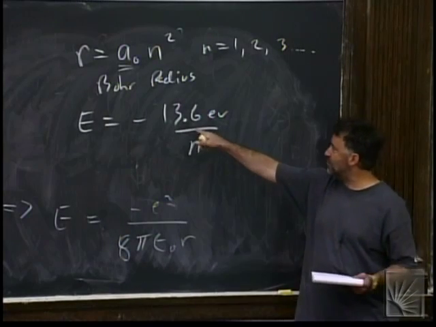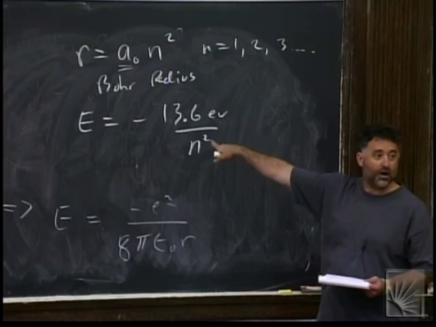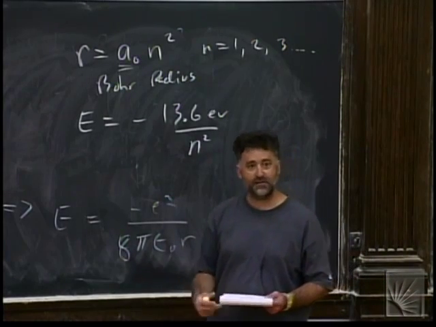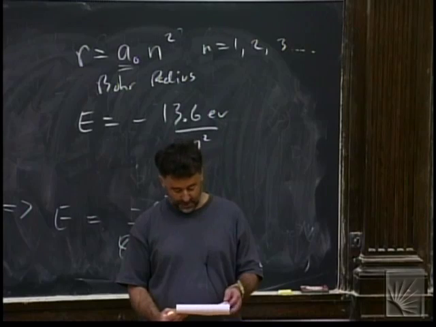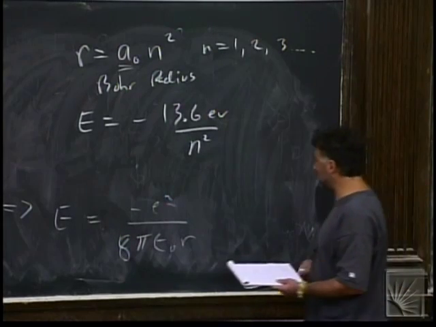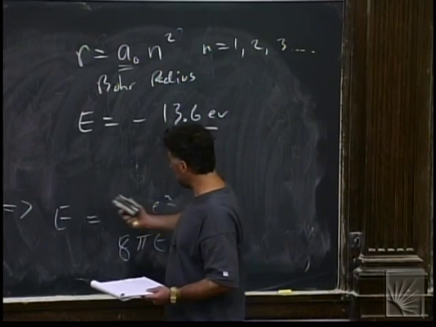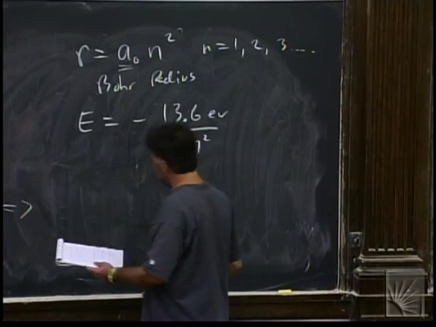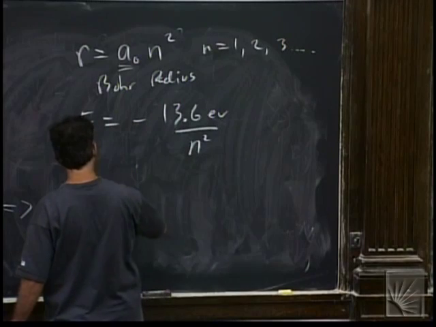This energy, if you write out what the parameters are, depends on the mass of the electron, not the mass of the proton. The full expression depends on the mass of the proton as well. Okay. This thing n has a name.